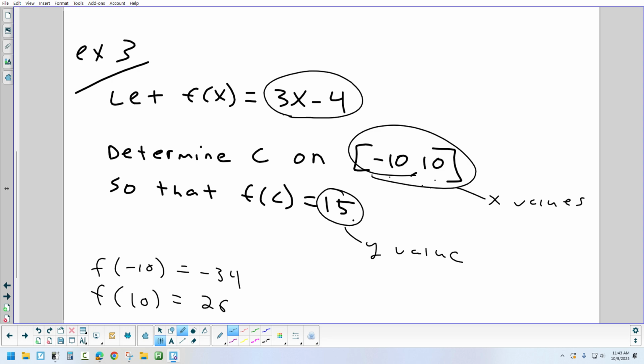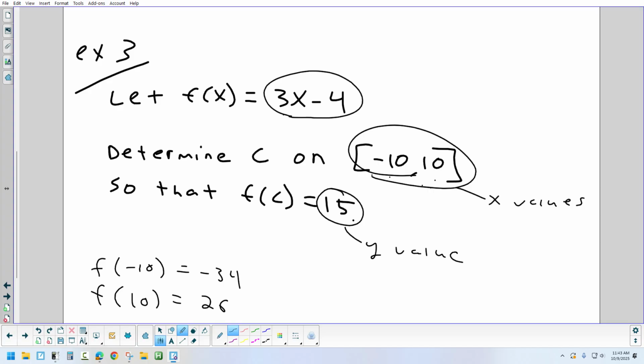I'm starting at -34 on the y-axis, and I'm traveling up to 26. The entire time the graph is connected. So am I going to pass through 15 at some point? Yes. Why?